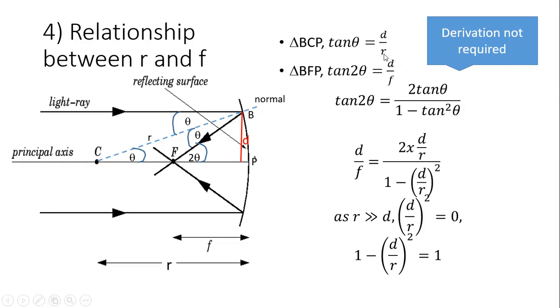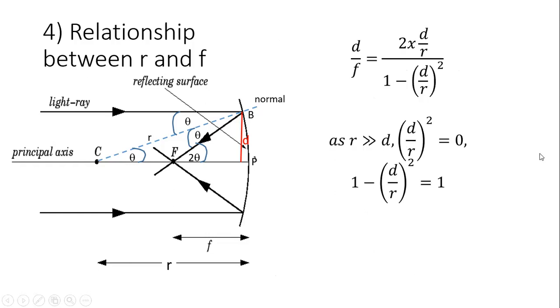Okay, proceed. 1 subtract this, which is very small, we can treat as equal to 1, because R is much more than D, so make it 0. This one is just 1. So we can neglect that.